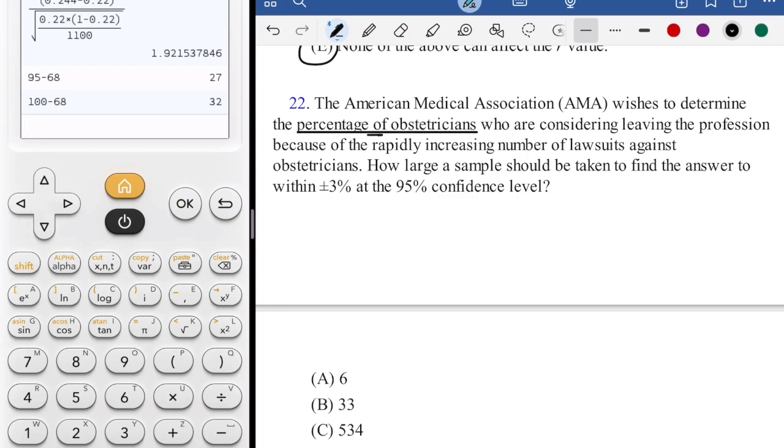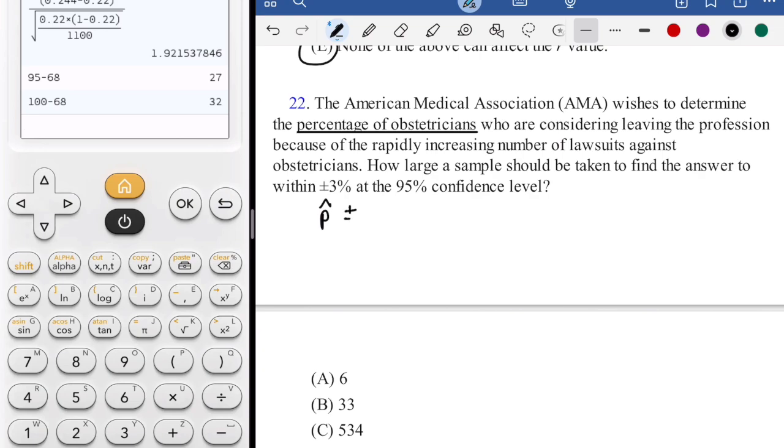So if we knew more information about number of trials and things like that, then it'd be a different story. Then maybe we could use a population mean. So the confidence interval formula, even though they're not asking for a confidence interval, I'll just kind of show you where the margin of error formula comes from.